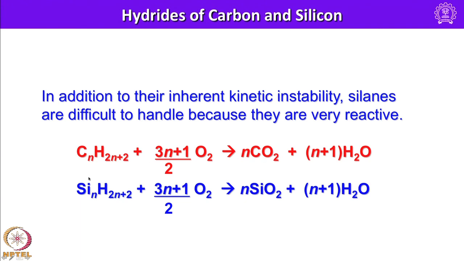Similarly, if we compare the reaction of silane with oxygen, it gives silica, that is SiO2, plus water. So, in fact, both the reactions are thermodynamically favored to proceed towards the right. Okay. The major difference, not apparent in the stoichiometric reaction, is the energy of activation, which causes the paraffins to be kinetically inert in contrast to the silanes.